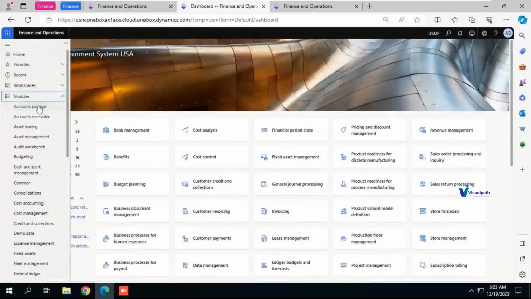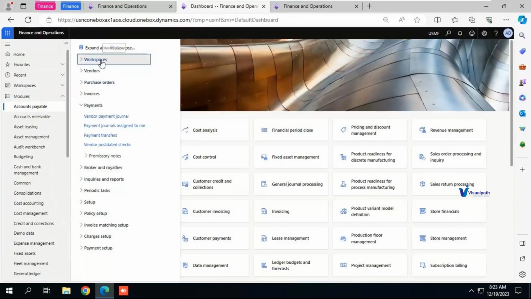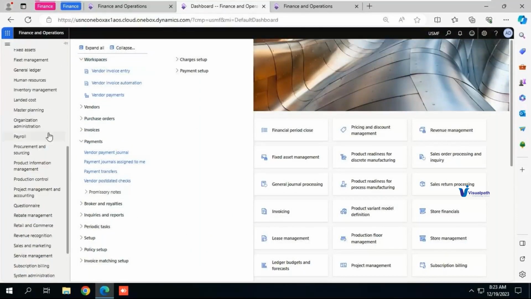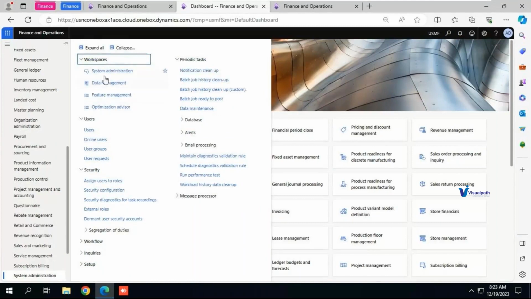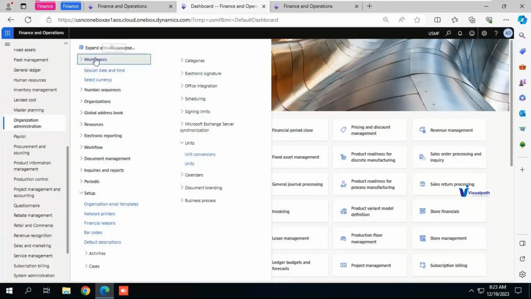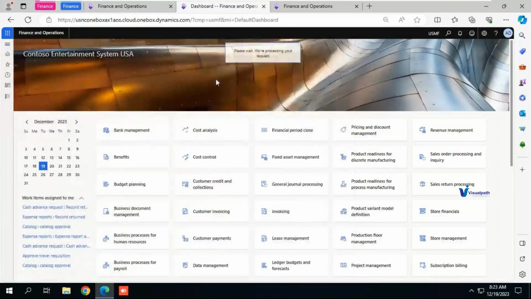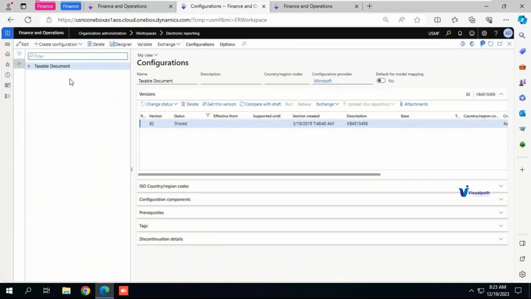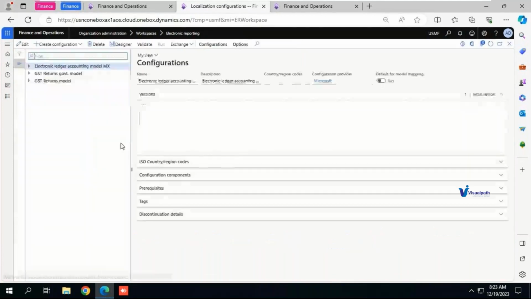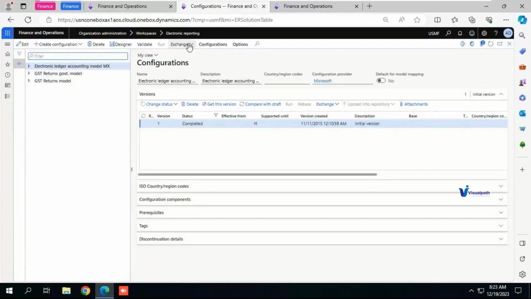I don't want to give you wrong promises. Here, in administration and reporting, in a real-time scenario you need to go inside, to exchange rates.